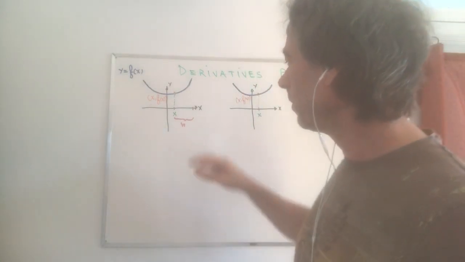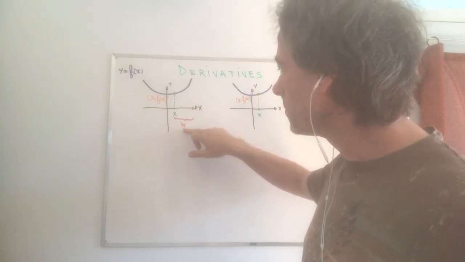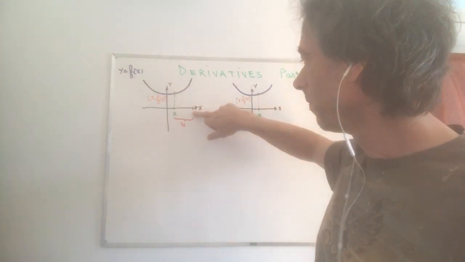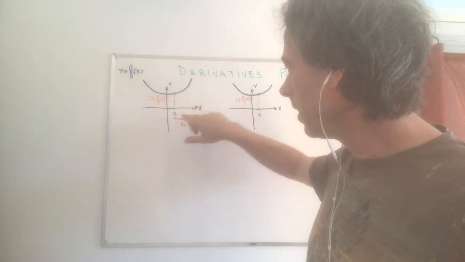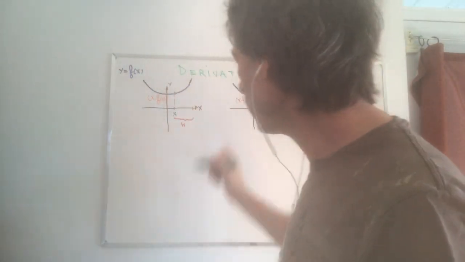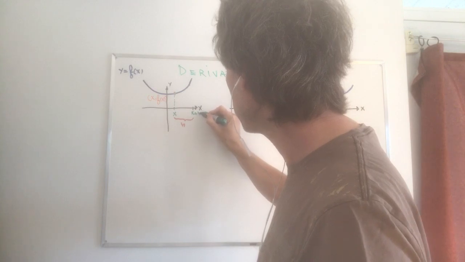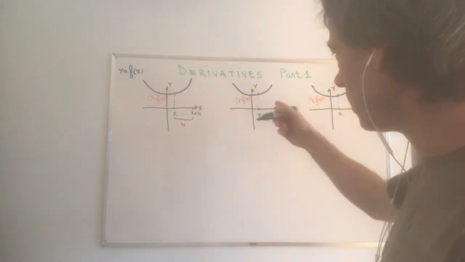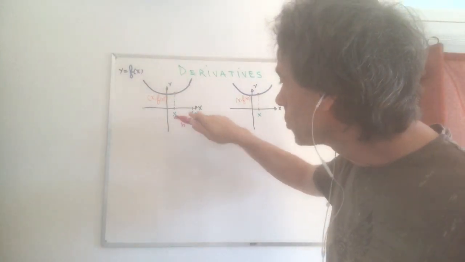So if the distance between x and the other point here is h, how would you actually call that point? This is x, and then I move h units to the right, so what would that guy be? Doesn't it have to be x plus h? Logical, right?